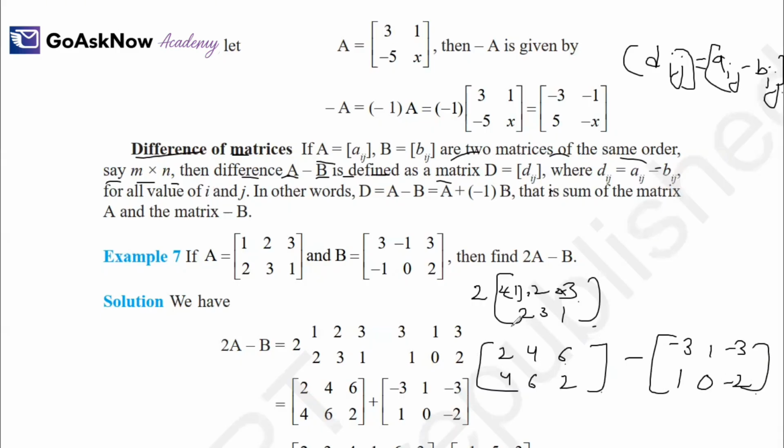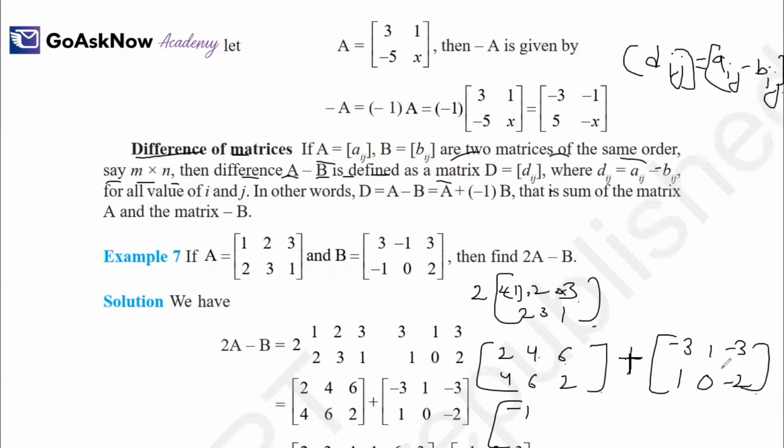Now take the plus sign here, because you have already taken the negative of B. So just add them and you will get the answer. Add the corresponding elements of both matrices. 2 plus minus 3 is minus 1.